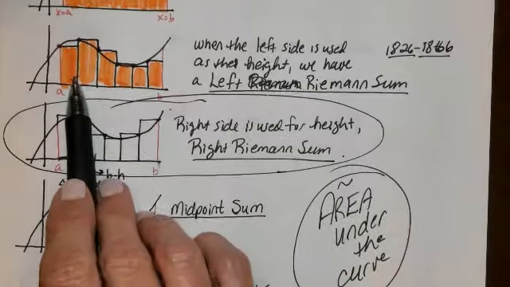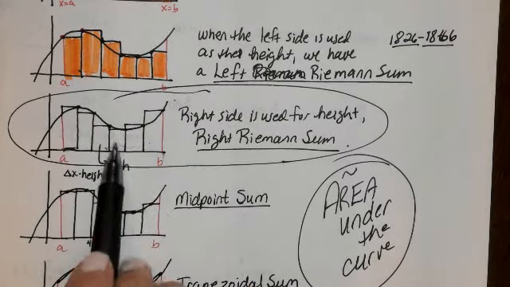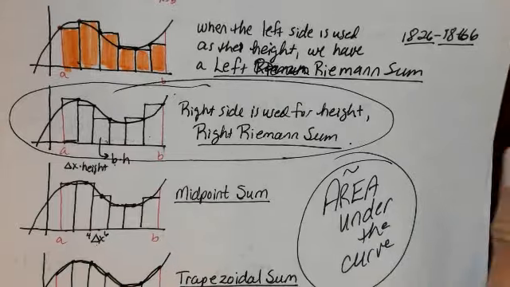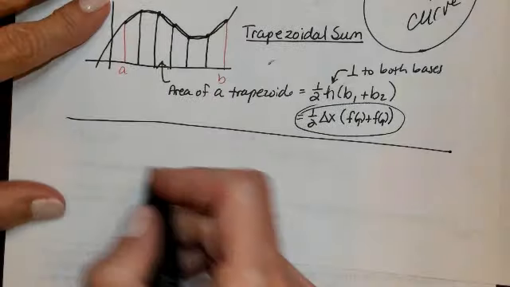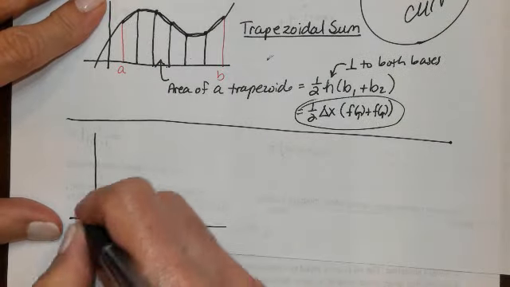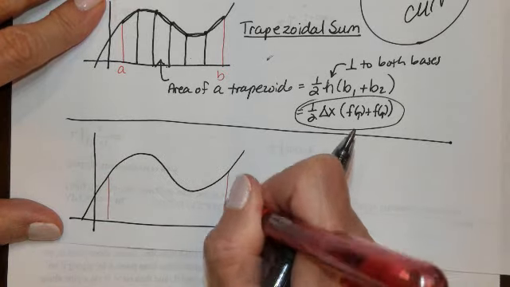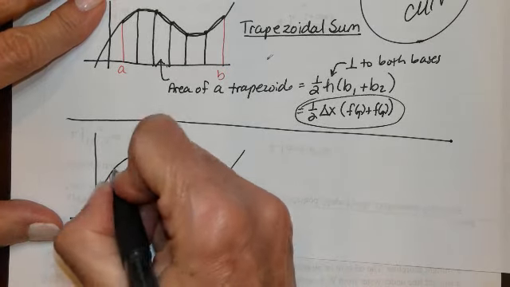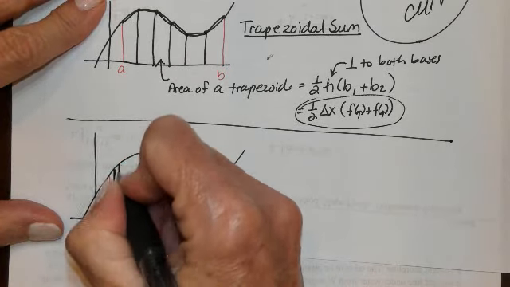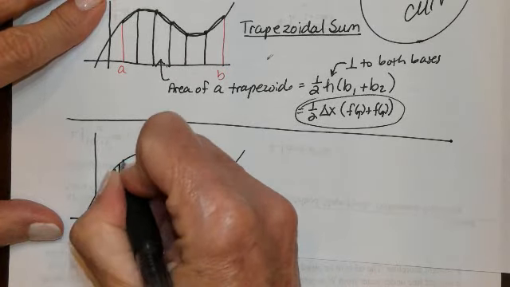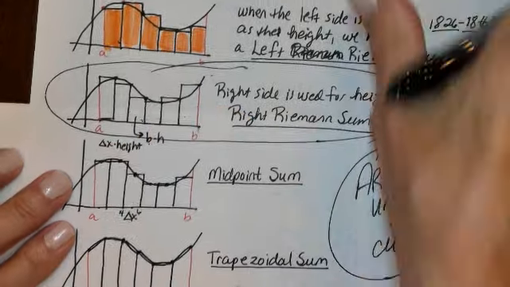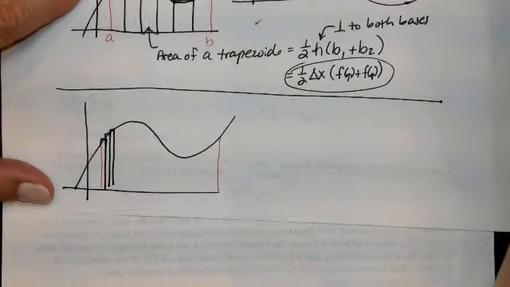If we use more rectangles, then our approximation will be better and better. If we use a ton of rectangles, we'll be closer to the area under the curve than if we use 6 rectangles.